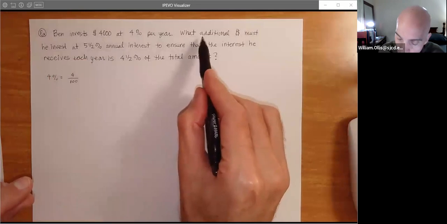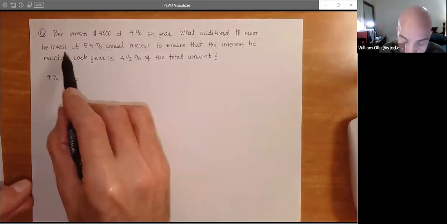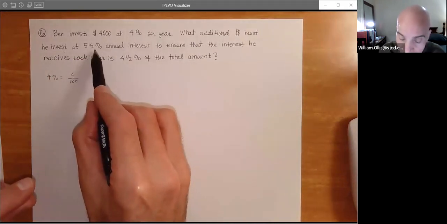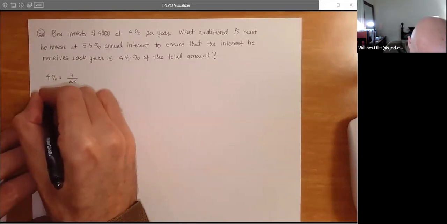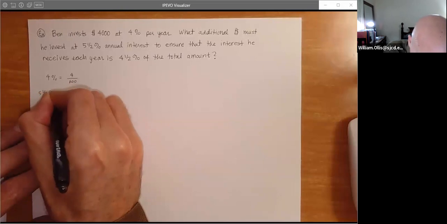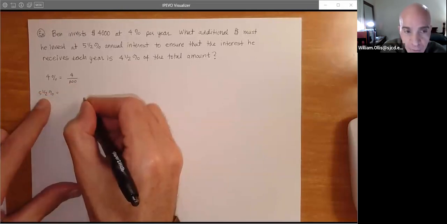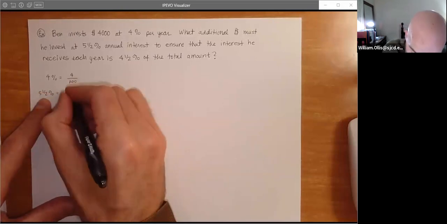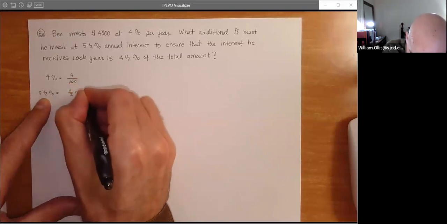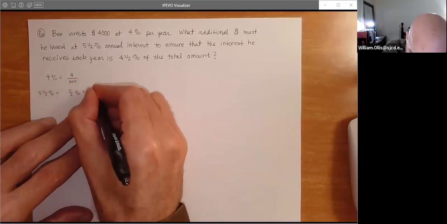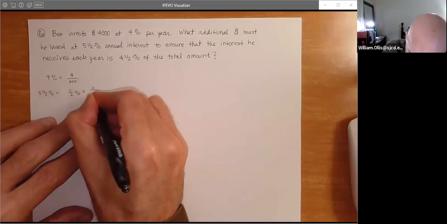And then it says, what additional money must he invest at 5.5% annual interest? So let's write that down. So 5.5%, we can write this as an improper fraction, and that will just be 11 over 2%. Again, divide that by 100. So that's 11 over 200.